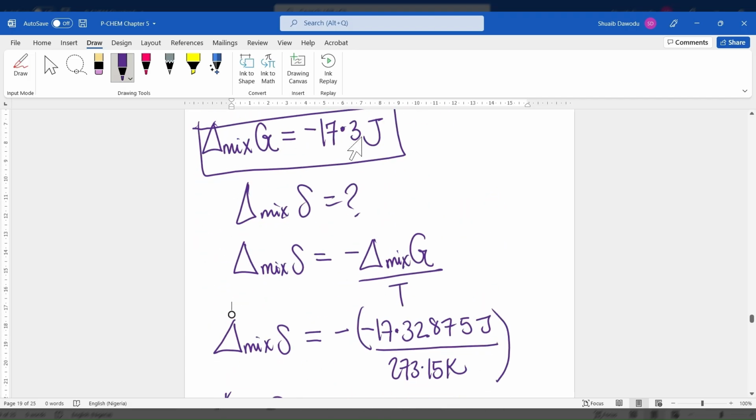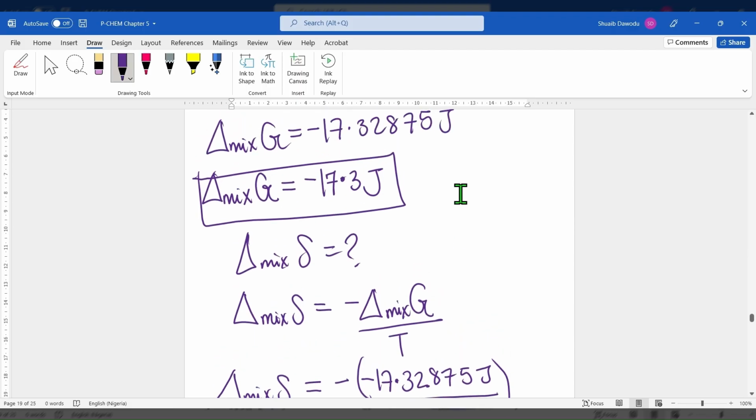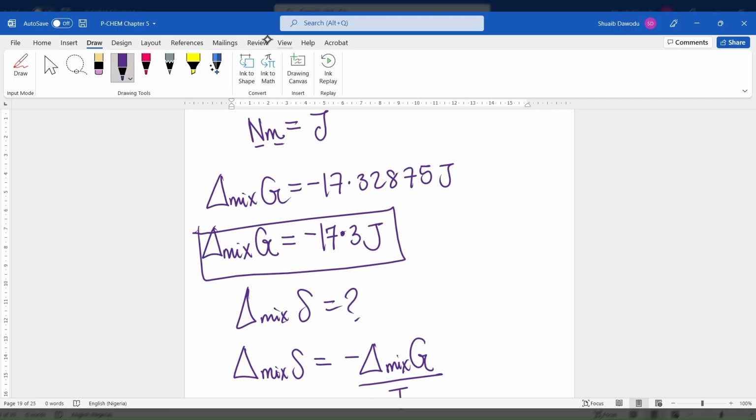The previous value, which is the change in Gibbs energy of mixing, is negative 17.32875. But we used the raw values rather than the approximated value, which is negative 17.3. So we have to use whatever the approximate number of significant figures is.